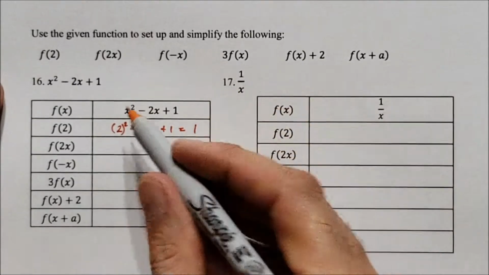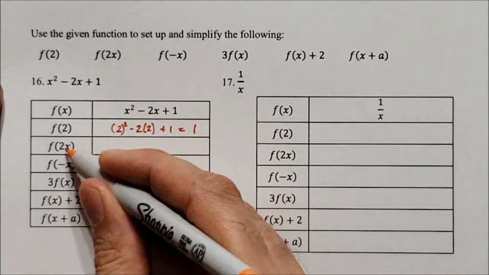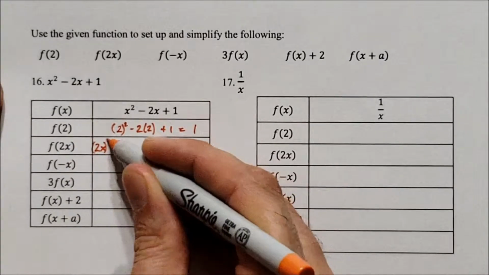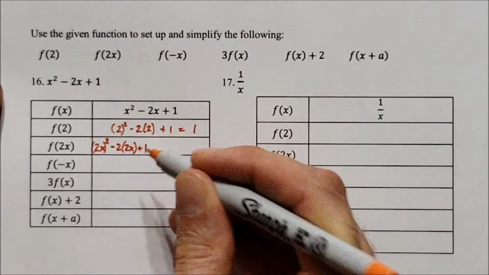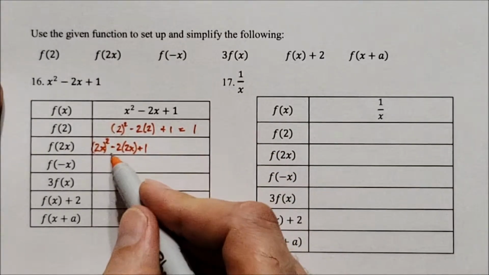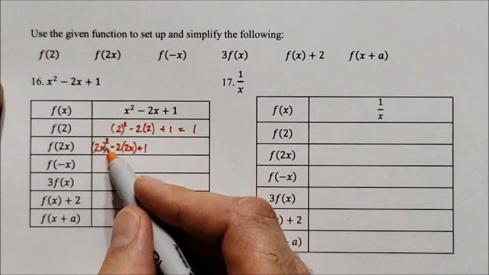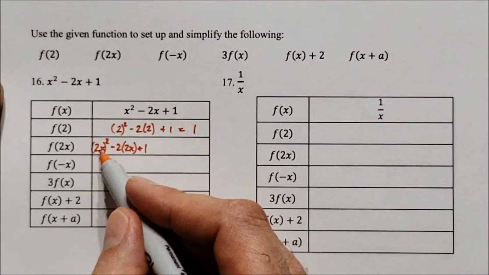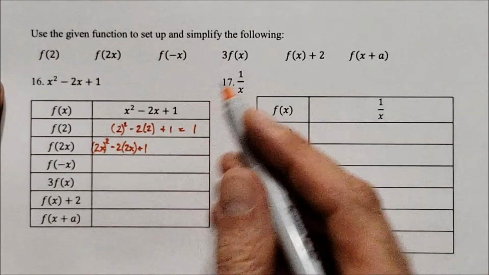It's a simple answer. All right, I'm going to shift this to the left a little bit to give us some more room. 2x is going to replace x now, so we have 2x squared minus 2 times 2x plus 1. Notice I've used parentheses here to make sure that I didn't break any algebraic rules, your PEMDAS rules. I want the exponent to apply across this multiplication, both the 2 and the x.